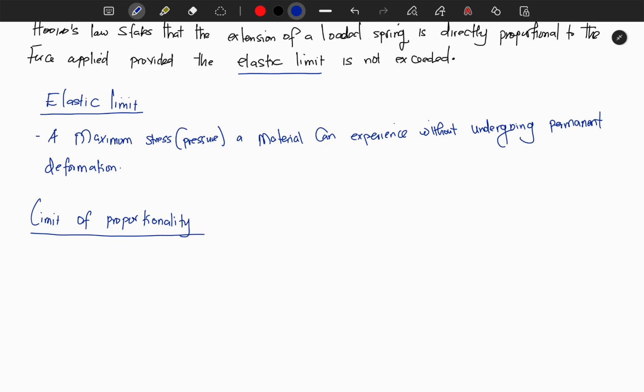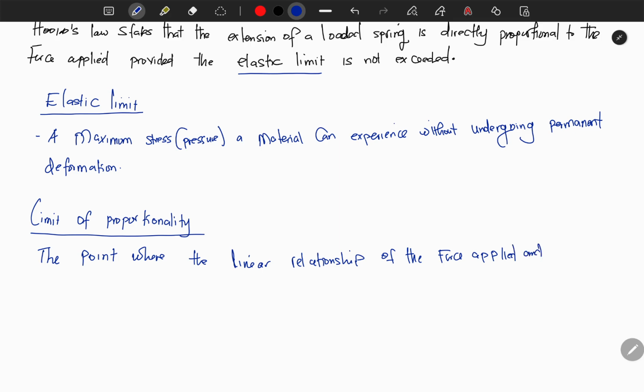So we are calling it the point where the linear relationship of the force applied and the extension breaks down. You've now seen the difference, right? That is the difference between these two.